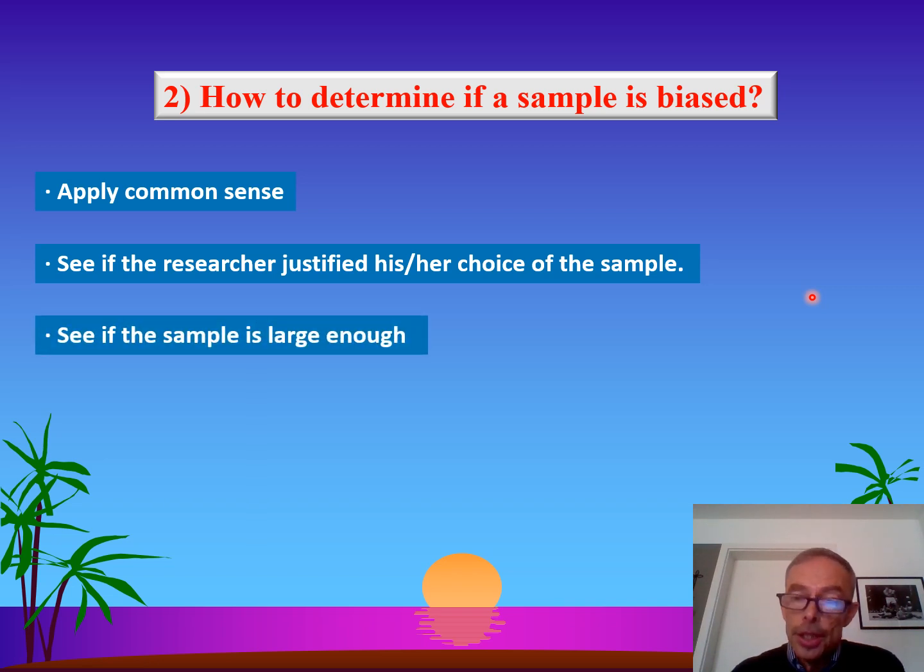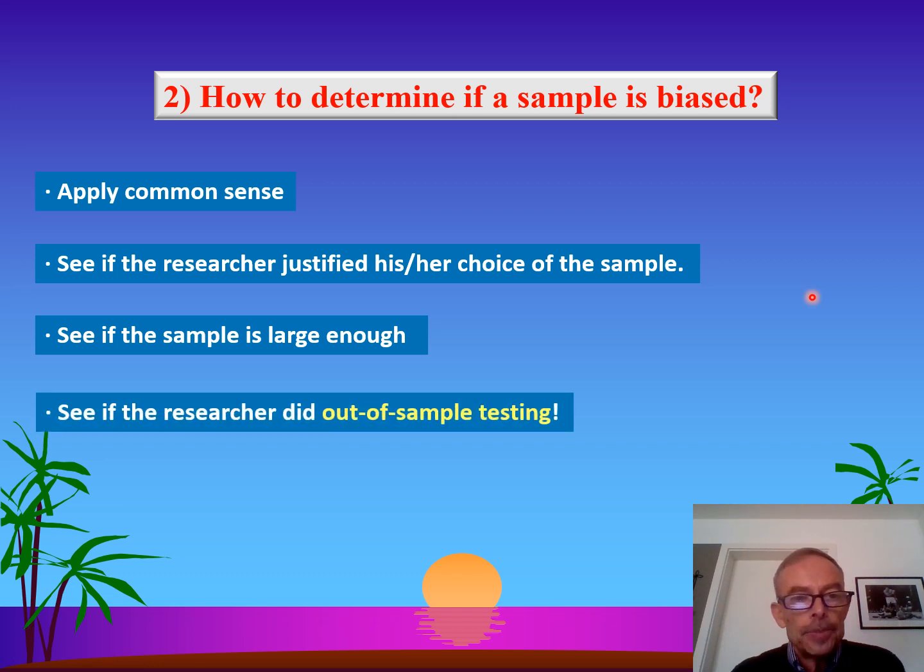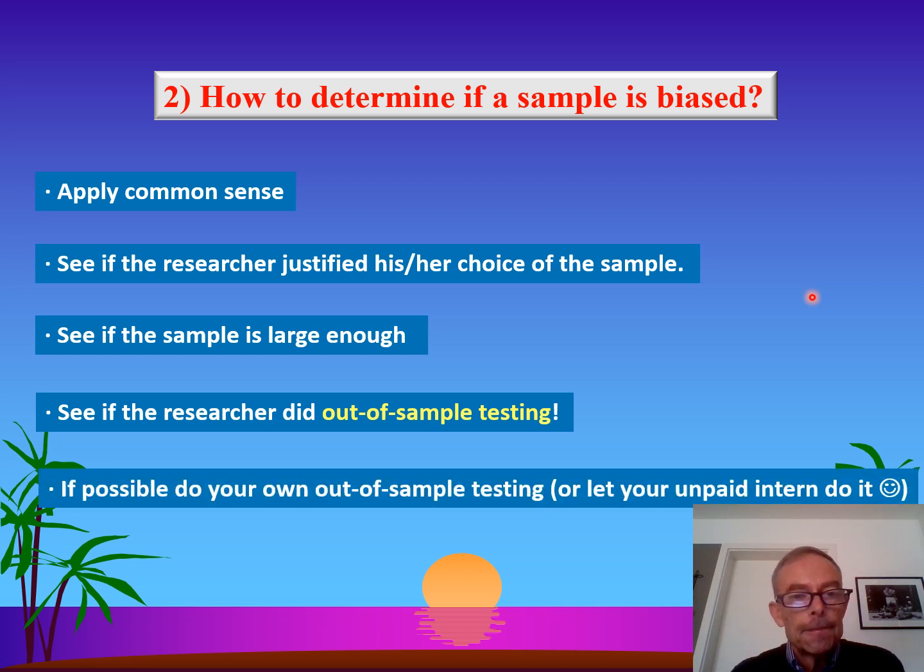See if the sample is large enough. A small sample, of course, raises a red flag. See if the researcher did out of sample testing, so tested their hypothesis with data different from the originally used data. And if possible, do your own out-of-sample testing, or let your unpaid intern do it.